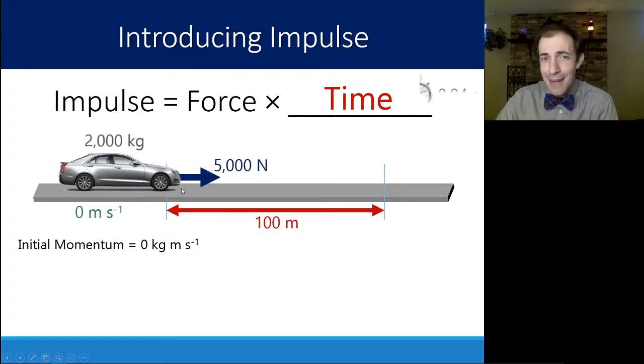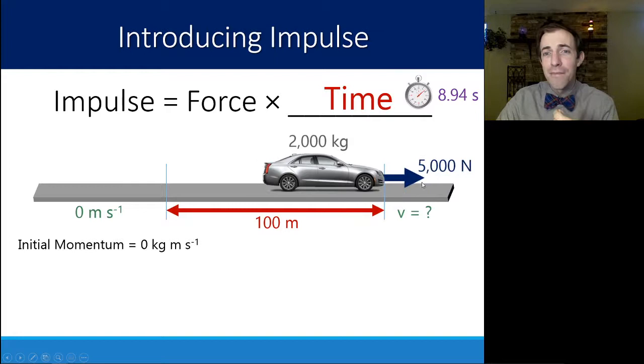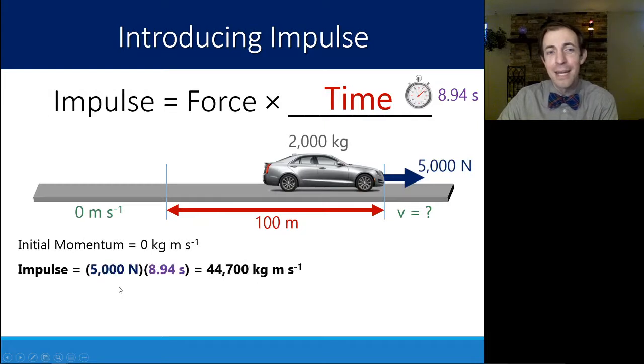If I time how long it takes to do the exact same thing that we looked at, now instead of multiplying the force times the distance, I'm going to multiply the force times the time to find my impulse. 5,000 newtons times 8.94 seconds is roughly 44,700 kilogram meters per second.